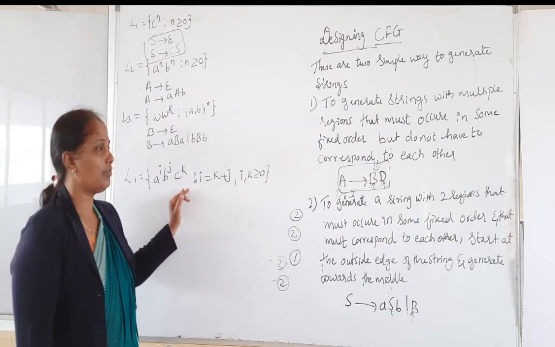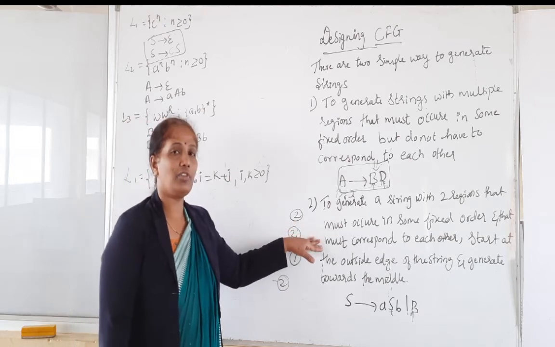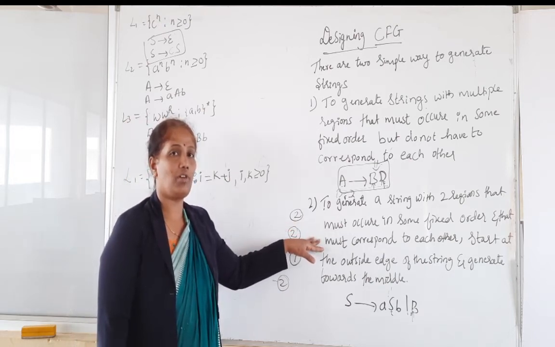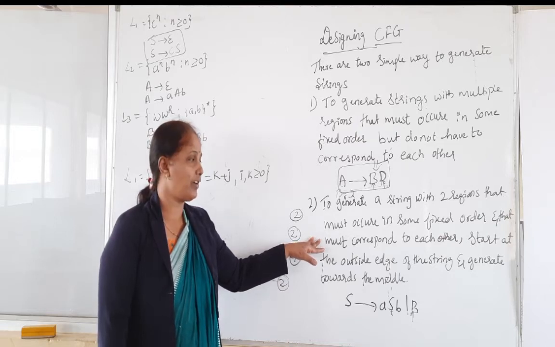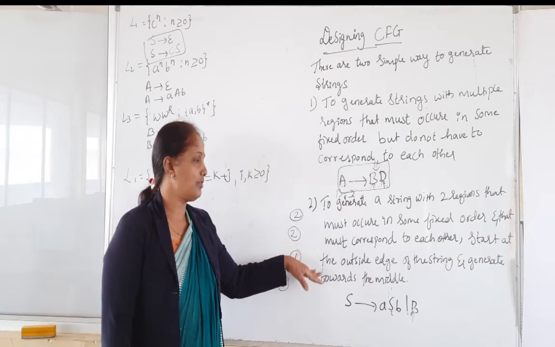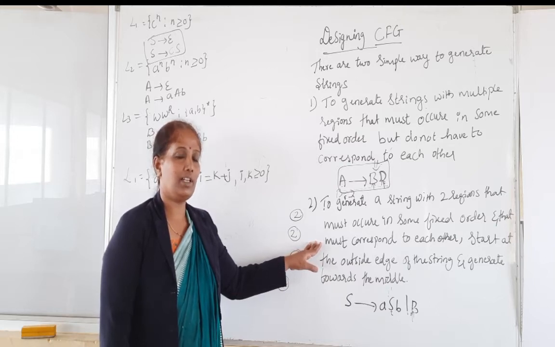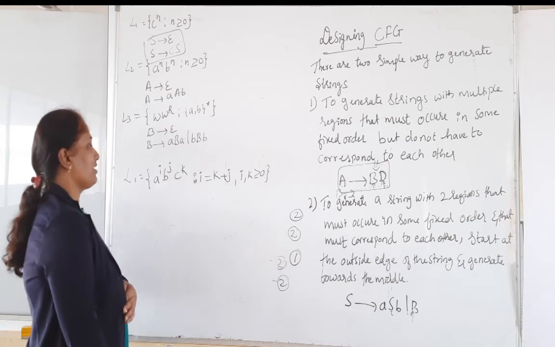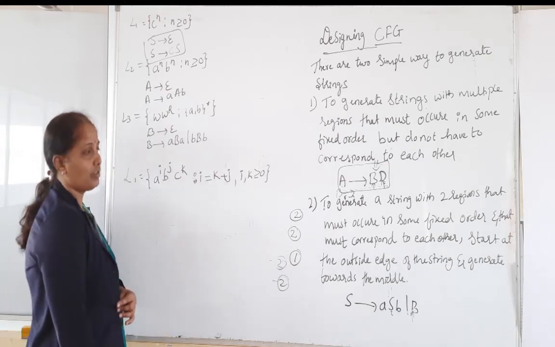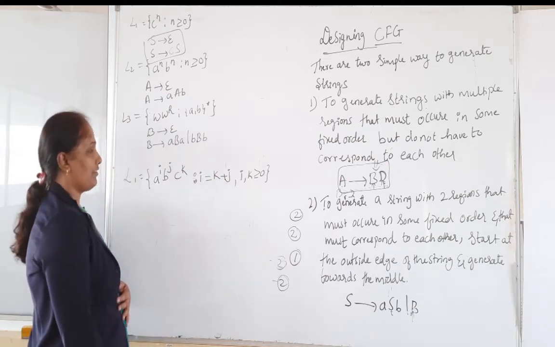Consider an example for the second way of defining the strings for different regions which correspond to each other. They occur in some fixed order. Here we are defining the strings for the outer region. Then we move towards the strings in the middle region.